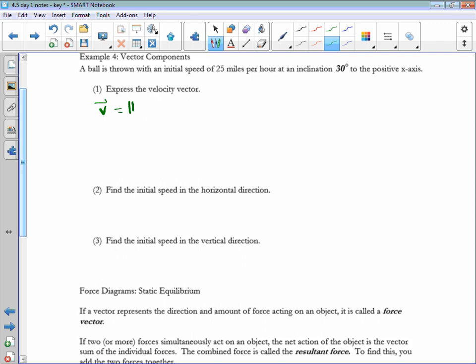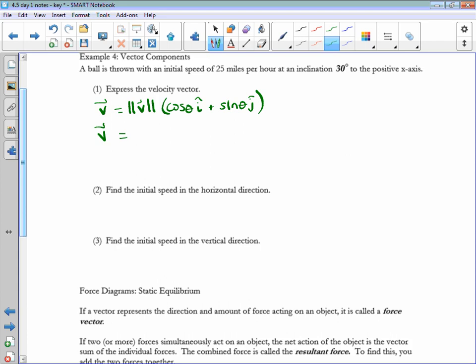This is the formula I was talking about. You can write it again if you want to. This is actually pretty simple. What do you think the magnitude is that we're given? 25.